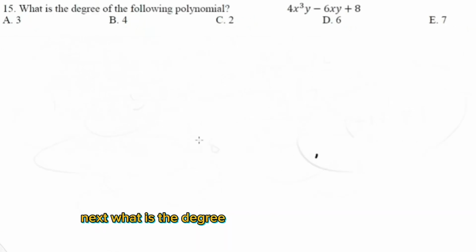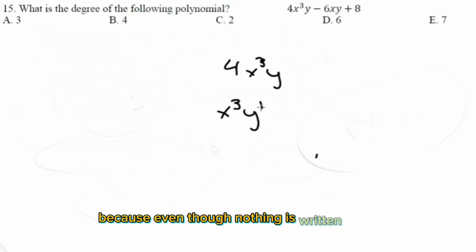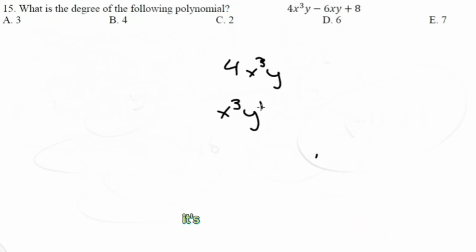Next, what is the degree of the following polynomial? We have 4x to the power of 3 times y, minus 6xy, plus 8. To find the degree, you take the term with the biggest exponents, in this case 4x to the power 3 times y. We add up all of the exponents: x to the power 3 and y to the power 1, because when nothing is written as the exponent, it's automatically 1.